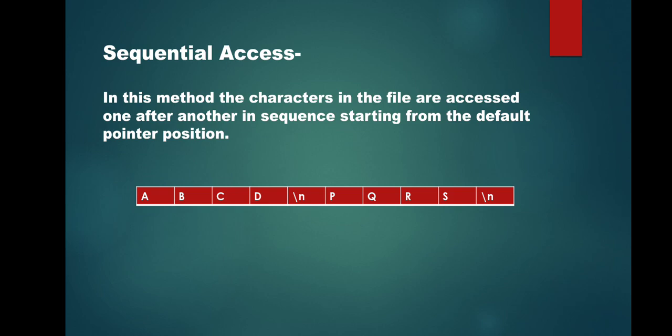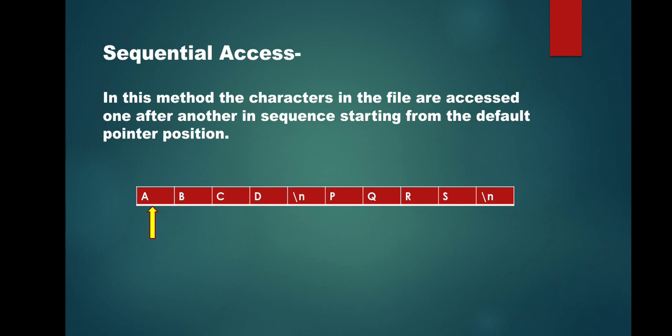Suppose you open the file for reading. Where will the pointer's original position be? It will be at the beginning of the file. But you want to read the character D, which is in the fourth position.